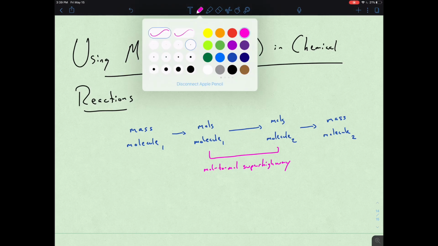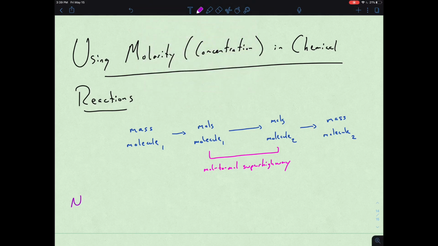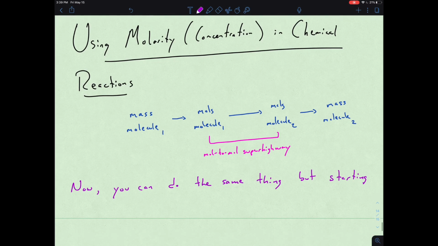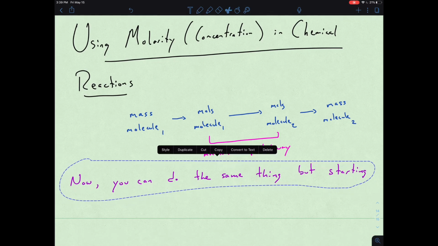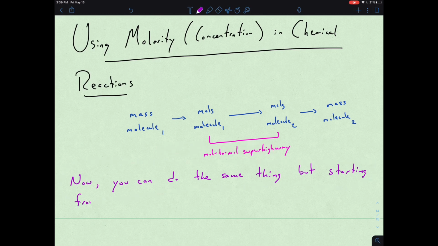So now you can do the same thing, but basically starting from volume and molarity.